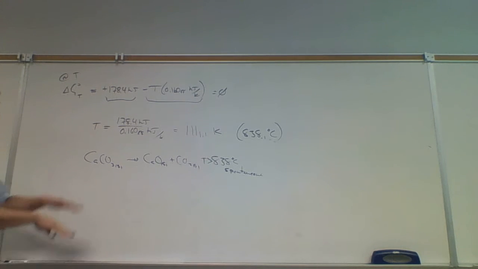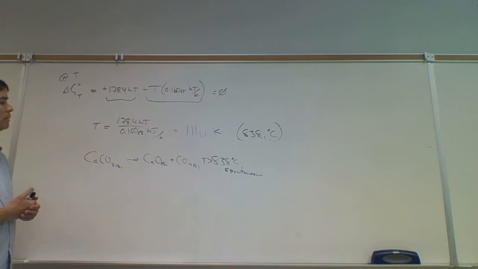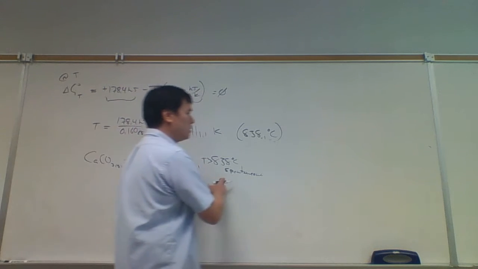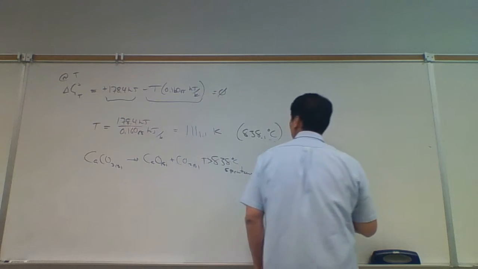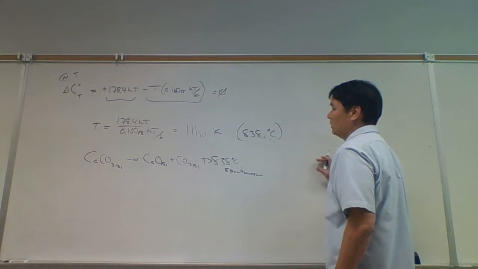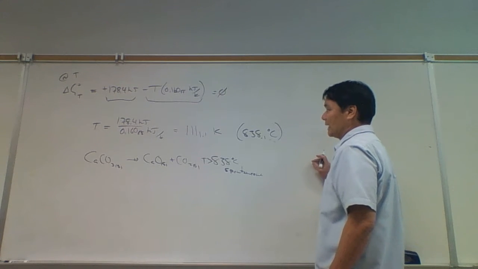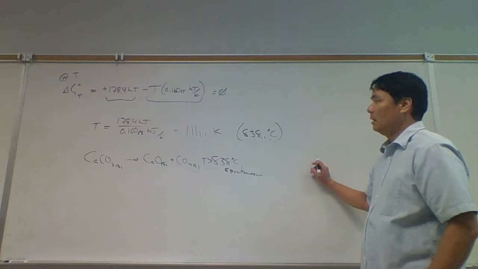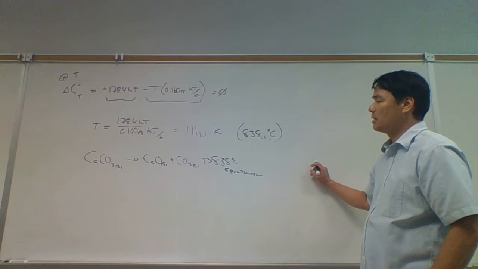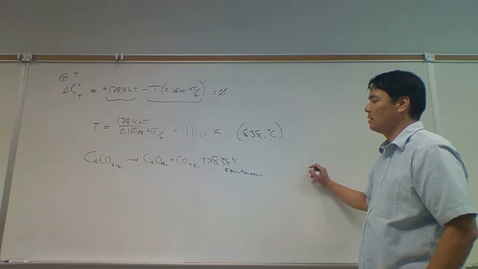But even if we can drop it down a little so it's less positive, then the temperature is not going to be as high. This is kind of high temperature, but we might try other tactics to make this reaction more spontaneous. And the other tactic that we tried was coupled reactions.